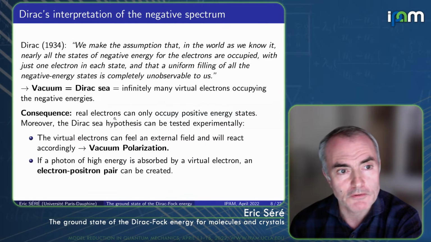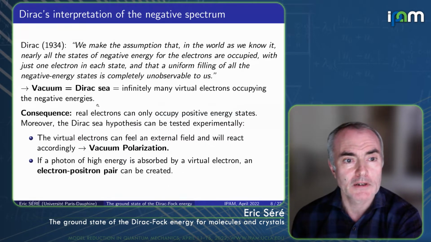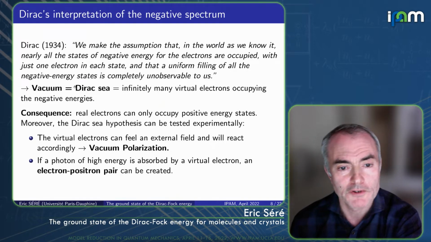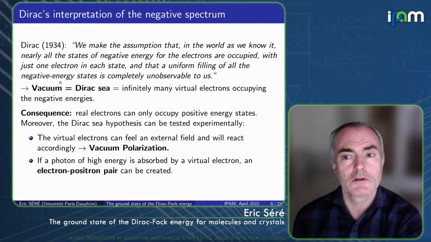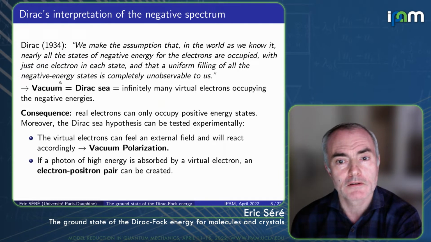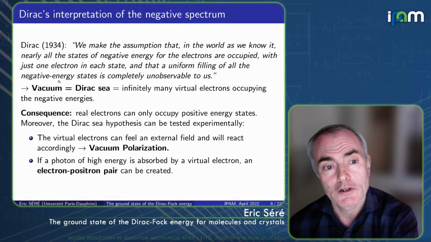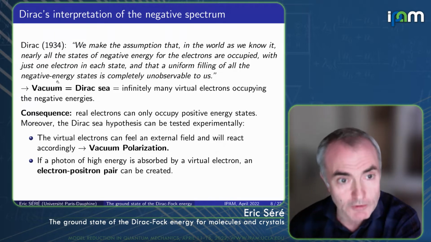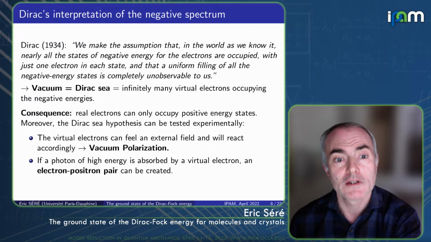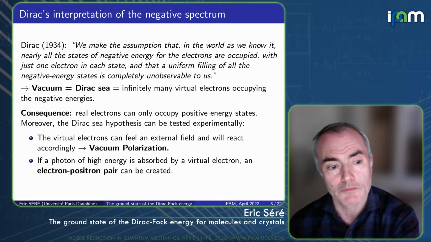This problem was solved by Dirac in his famous picture of the Dirac sea. So Dirac's idea was to consider that the vacuum, in fact, consists of an infinity of virtual electrons occupying each negative energy state of the Dirac operator.